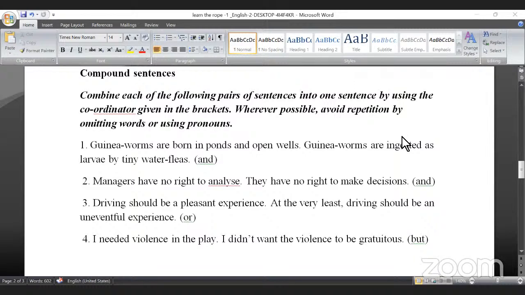Ma'am, I have a question there. Can we remove that dedicated? Can you remove that dedicated? It's not dedicated, it is dedicatedly.